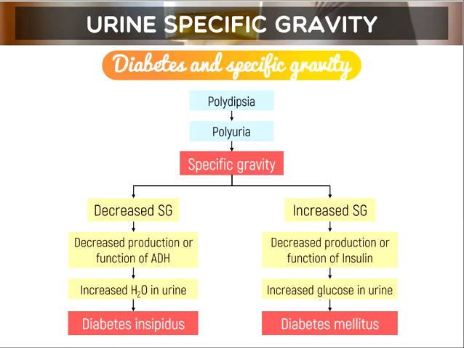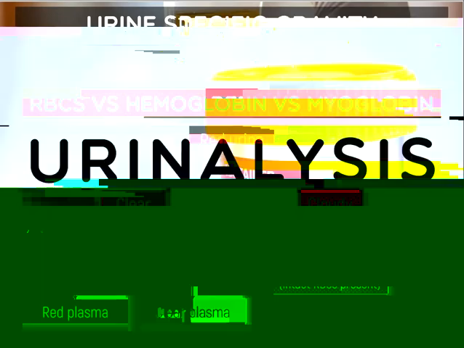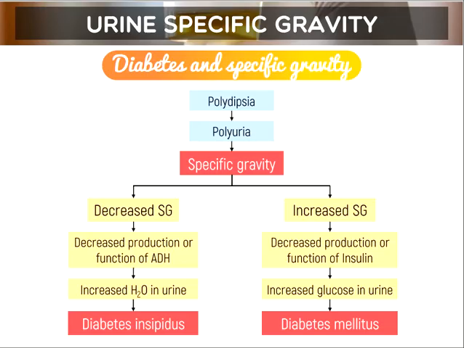Whereas in diabetes insipidus, there is decreased production or function of the antidiuretic hormone. Are you with me so far? Alright.